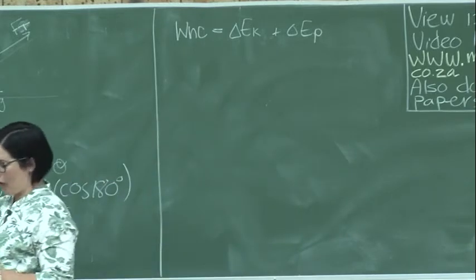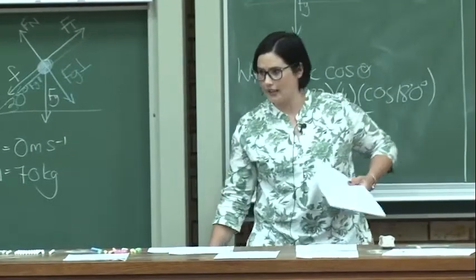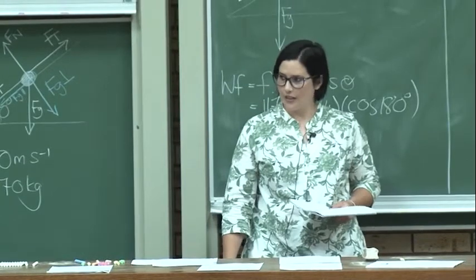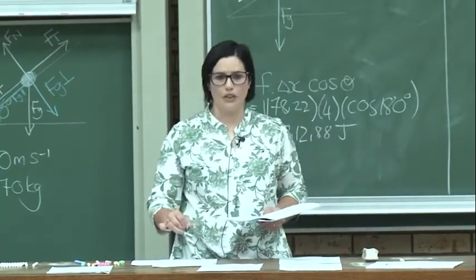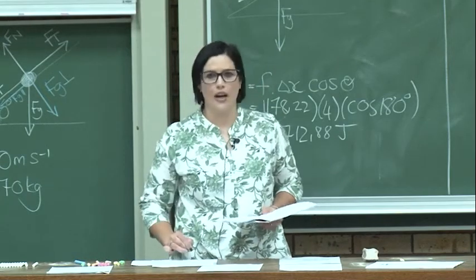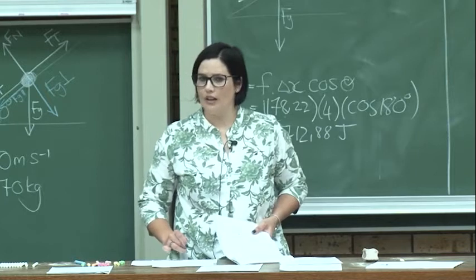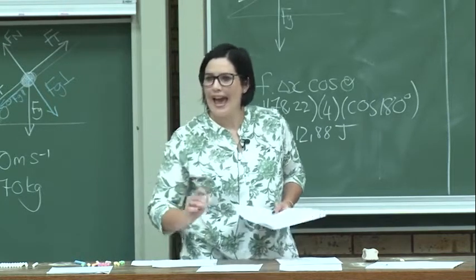And now you're going to tell me, but ma'am, you just said we don't have the height. Yes, but Grade 12s, if you look at your diagram, is that a beautiful little triangle? Will it be a 90-degree triangle? Aha, who knows where I'm going with this?